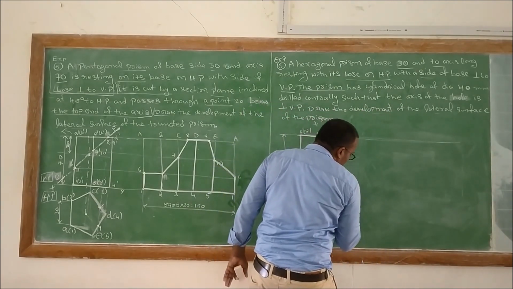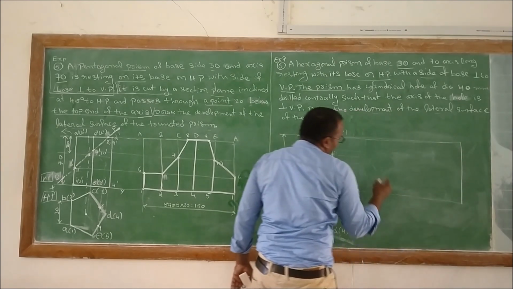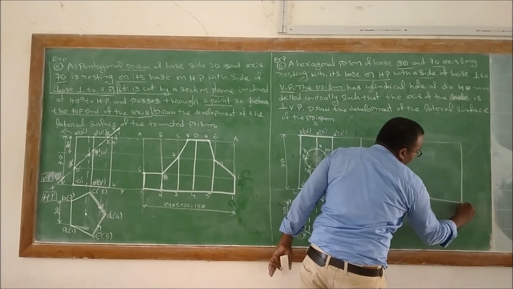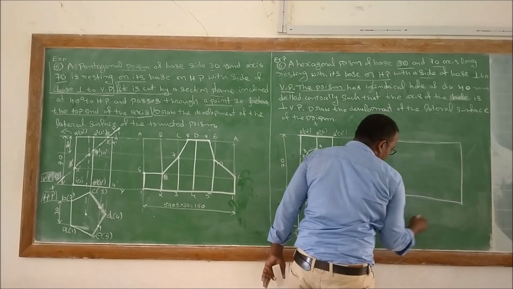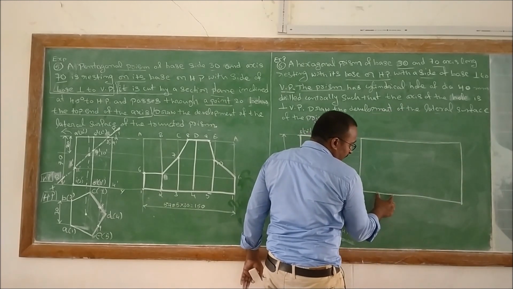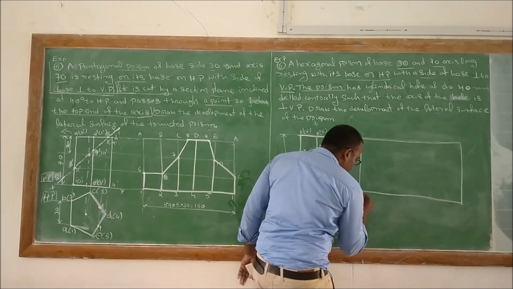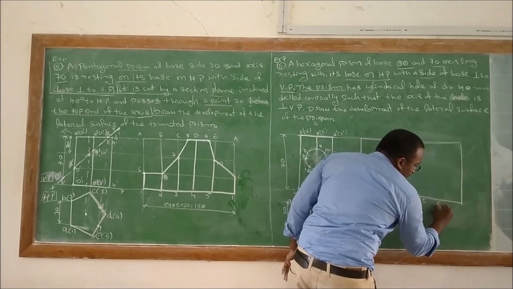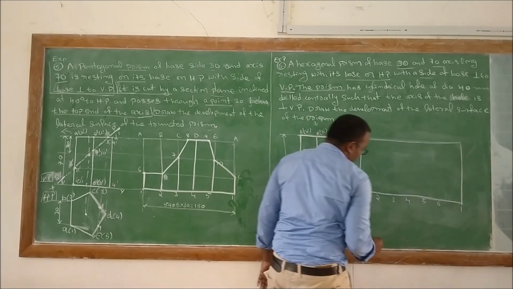Now we need to develop the lateral surface of the given problem. Draw a horizontal line equal to the periphery of the hexagonal prism: 1, 2, 3, 4, 5, 6, and again 1.